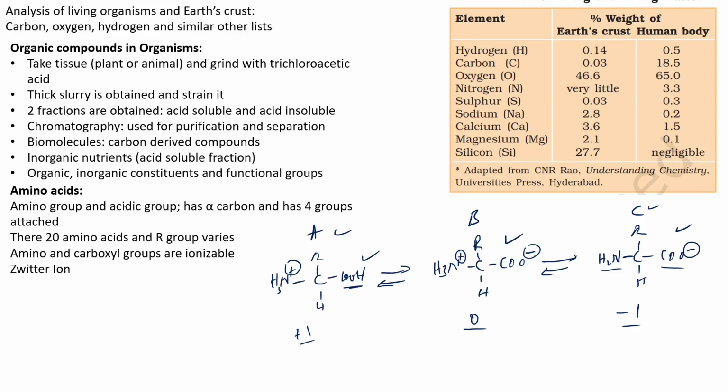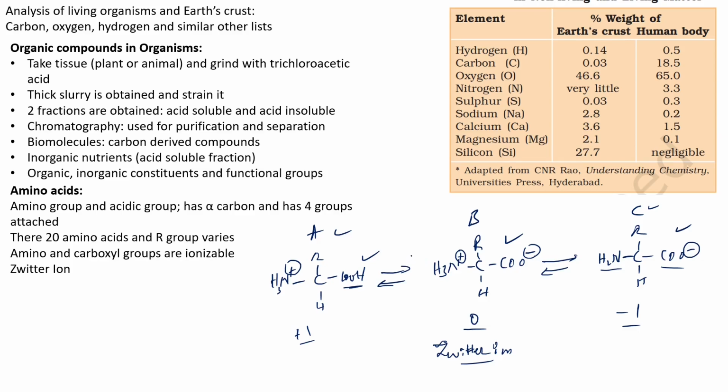So this is mainly about the amino acid, right? Out of these three structures, A, B and C, the B structure is called the Zwitter ion, that is, the net charge of this particular molecule is 0. I hope I have made the Zwitter ion quite clear, and it is an important point that you have to remember among the amino acids.